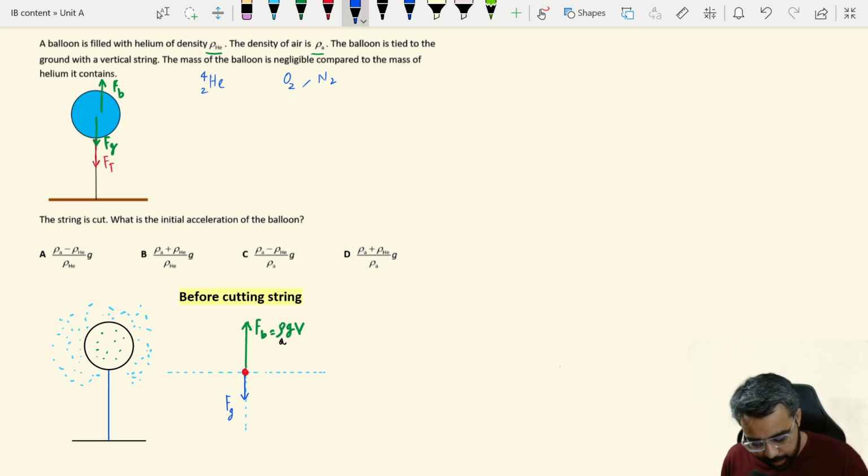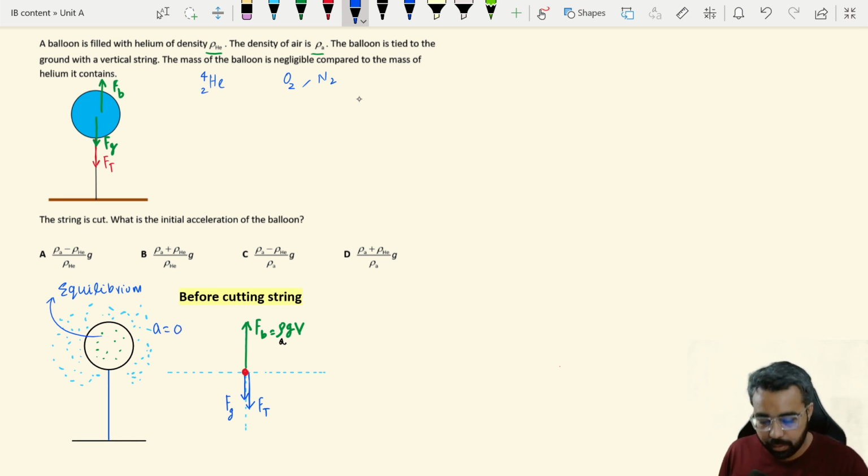And the third force that is exerted downward is the force of tension, because this balloon is tight. Overall, before cutting the string, these three forces are balancing each other, making this object in equilibrium. All right, so Newton's first law is applied right now because there is no acceleration.